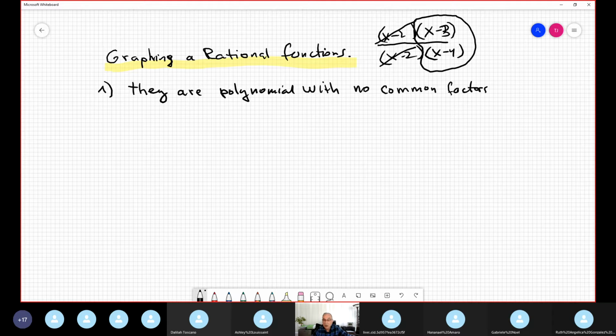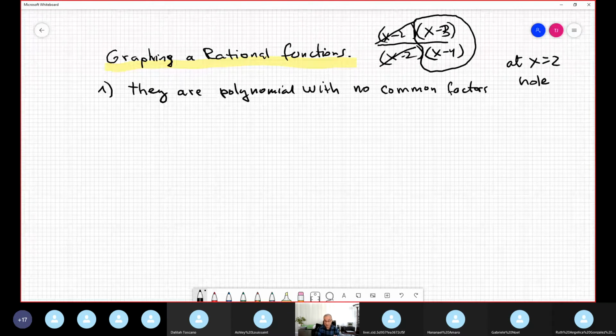Because I know at x equals 2, we have a hole. So step one, the most important step, is factorization of the polynomial on the top and factorization of the polynomial on the bottom. If there's a common factor, you cancel it out. And you know that this gives a hole, and we work with the rest of the expression.